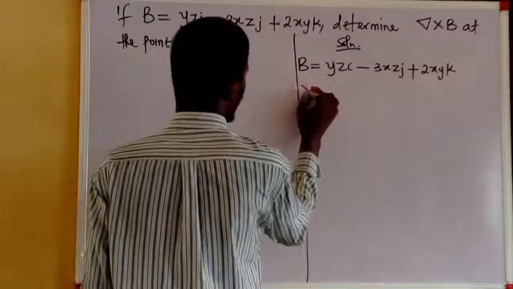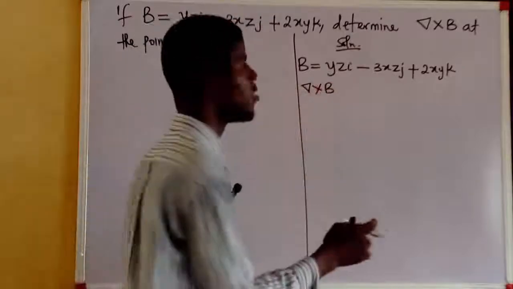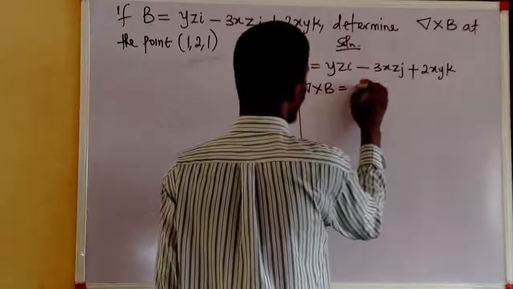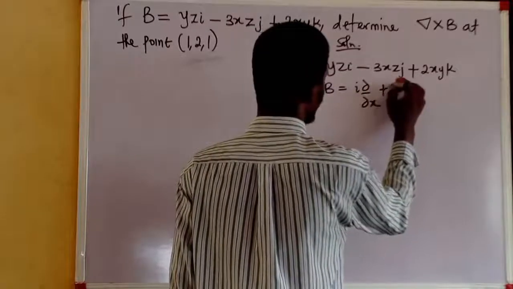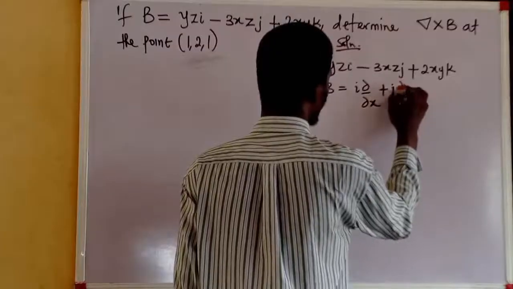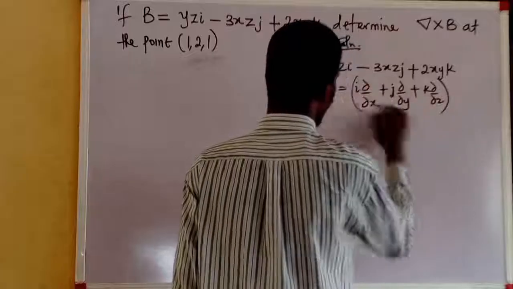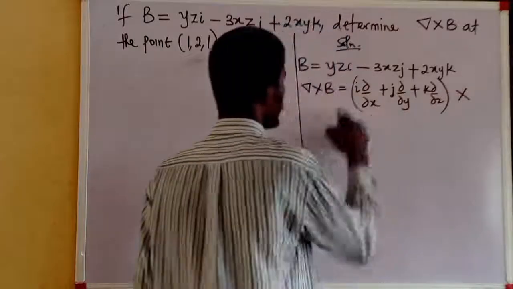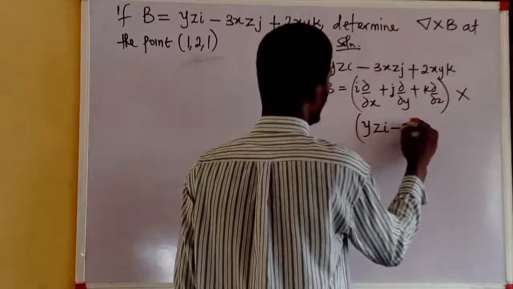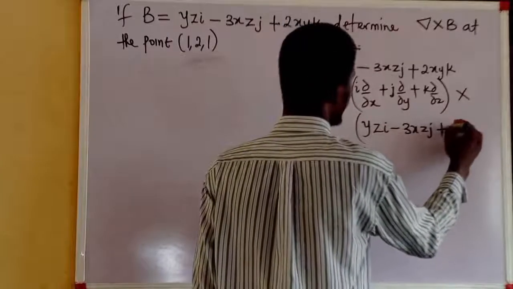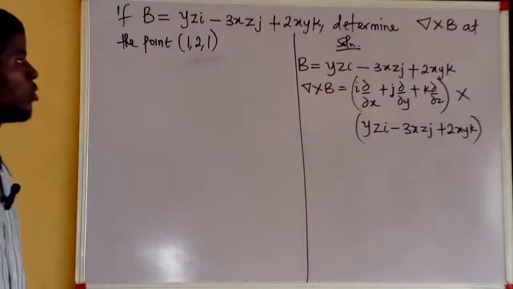So the curl of vector B, which is del cross B, is equal to i partial x plus j partial y plus k partial z, cross this. That will be yz i minus 3xz j plus 2xy k. So let's evaluate the cross product.